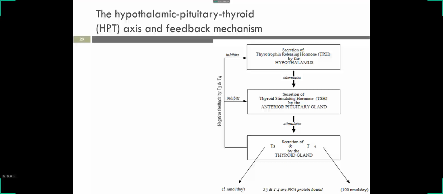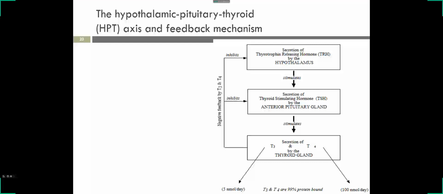You have secretion of thyrotropin releasing hormone, or TRH, by the hypothalamus. This then stimulates the anterior pituitary gland to secrete thyroid stimulating hormone that we talked about.